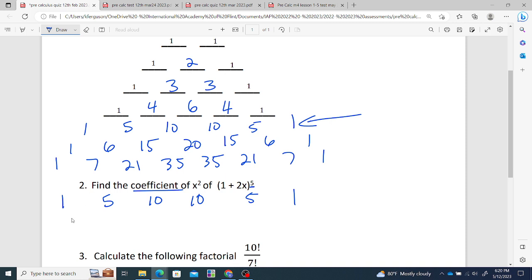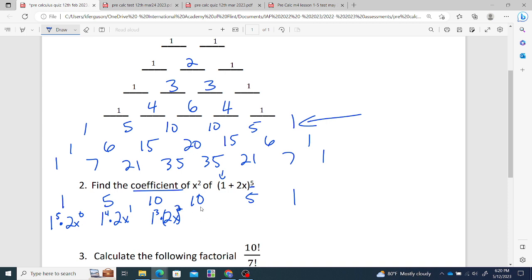So watch what happens. My first term is going to be the first term to the fifth power times the second term to the 0 power. And then my next one is going to be the first term to the fourth power times the second term to the first power. Notice what's happening here with the exponents. Then I'm going to have the first term to the third power times the second term to the second power.